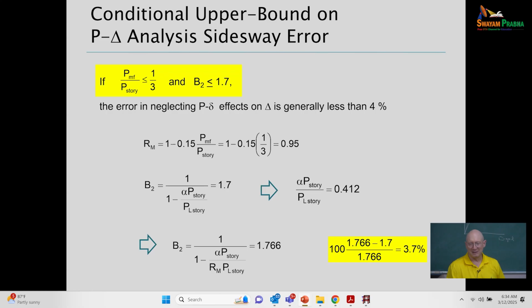And then if he has a situation where he needs to check non-sway moments and non-sway B1 or P small delta amplification, back to this, but with that being on the total length of the member L, where he's just doing a P large delta analysis with one element for every column in the frame, he would show this and say that there's no problem with that.